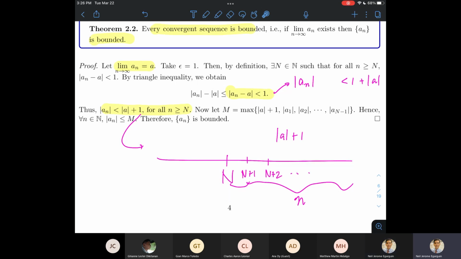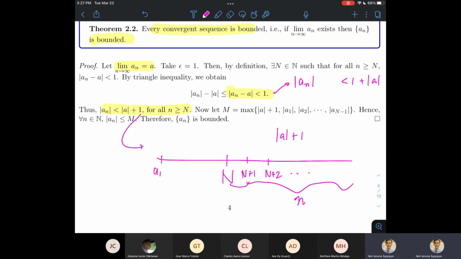Okay? So para sa infinitely many na mga terms ng sequence na ang subscript ay greater than or equal kay capital N, alam natin bounded yung mga yan. Mas maliit yung absolute value nila kaysa sa absolute value ng limit plus 1. So we're sure that all of these guys are bounded. Okay. Ang problema na lang natin ay yung mga nauunang mga terms dun sa sequence. Yun ang hindi pa tayo sure kung sila ay bounded o hindi.